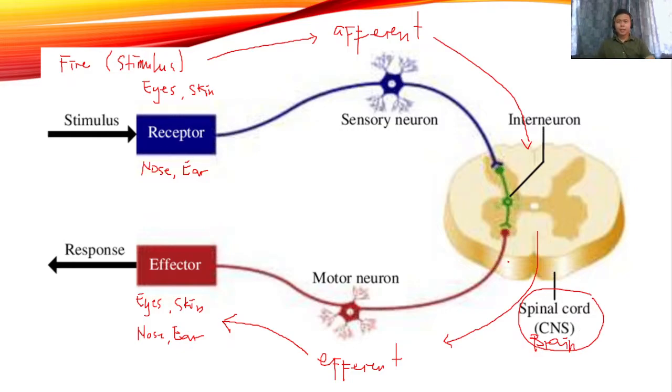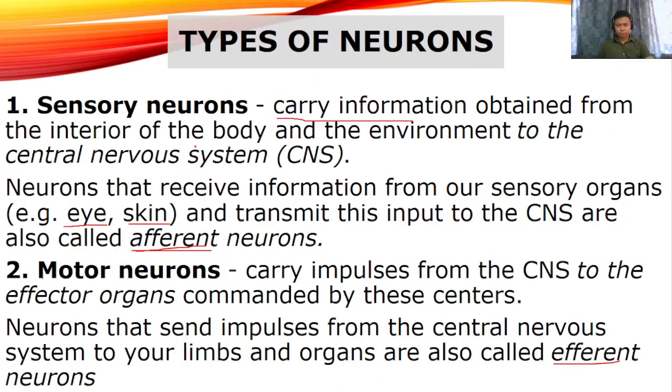So the afferent will acquire information from the environment, the brain will interpret it, and the efferent will allow you to react to that certain stimulus, allowing you to respond to it. Okay? So those are the different types of neurons, the sensory neurons and the motor neurons.